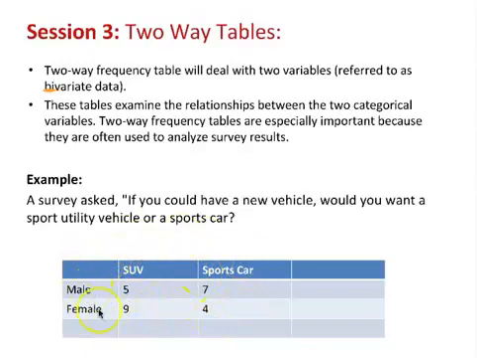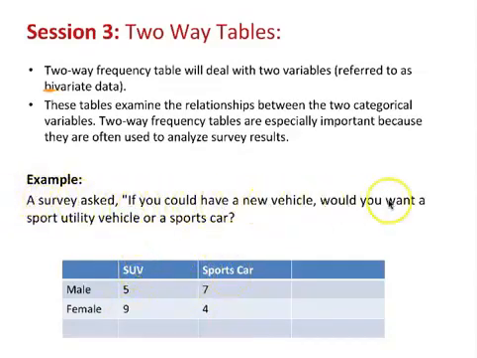If we look at this two-way table, we could see that 5 males preferred a SUV and 7 preferred a sports car, where with females, 9 would prefer to have a SUV and 4 would prefer to have a sports car.